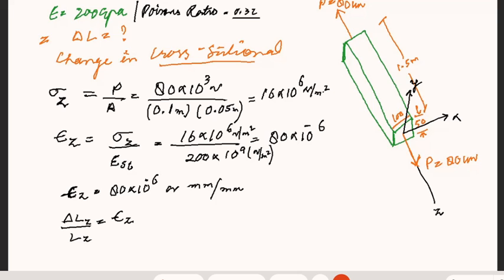So the change of length in z direction will be equal to strain, that is 80 into 10 raised to the power of minus 6, into length in z direction, that is 1.5 meter. You can calculate that the change in length in z direction will be 120 micrometer.